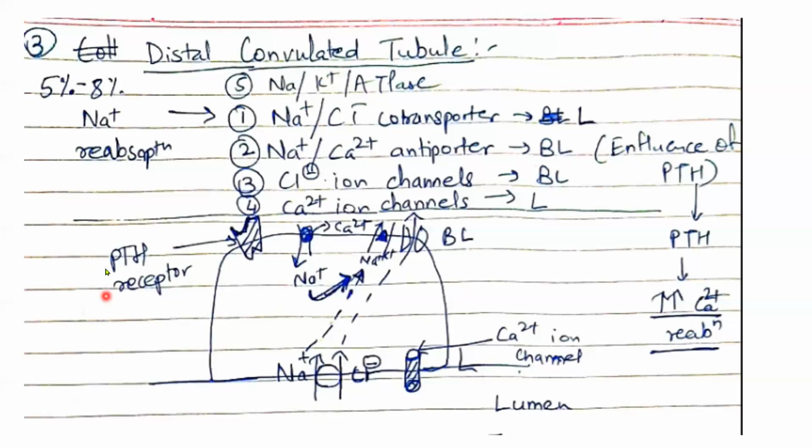Do you remember there is a thyroid gland and there is a parathyroid gland? The parathyroid gland is involved in calcium homeostasis. So when we are talking about that, this is a PTH receptor, parathyroid receptor, present at the basolateral membrane of the luminal cell, and once parathyroid hormone binds to it, it increases calcium reabsorption.